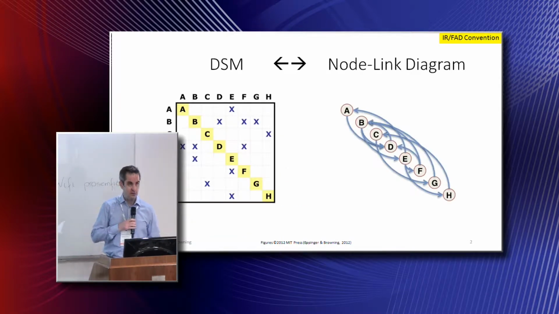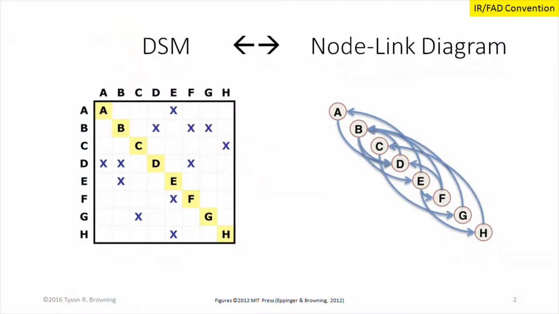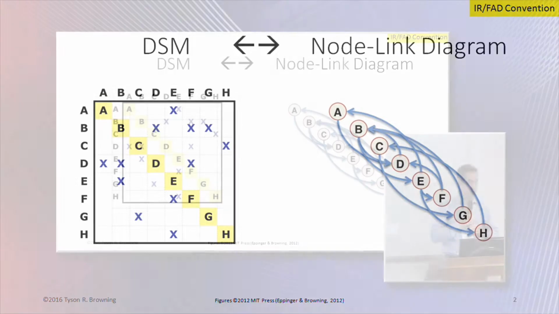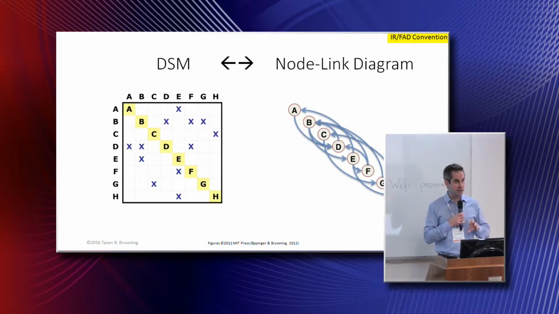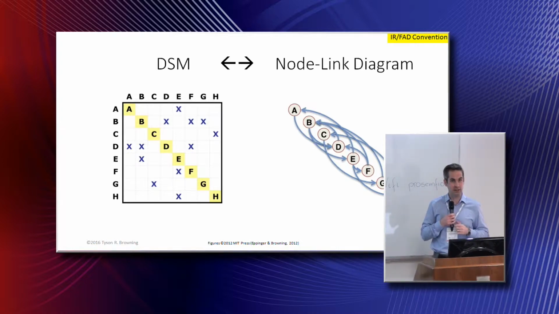So I put in one slide since the tutorial is later. And this is just in case anyone here needs basic DSM orientation. But many people find it easy to understand what we call a node link diagram or a network diagram or a directed graph diagram. And it can be shown in an equivalent DSM square matrix. So some key basics about DSM: it's always a square matrix, same number of rows and columns.